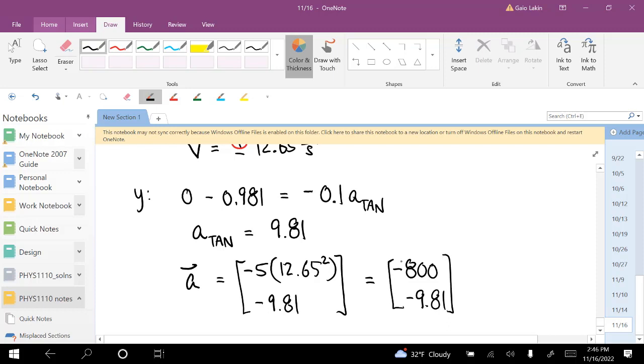And this is acceleration, so this is meters per second squared. Any questions about that?